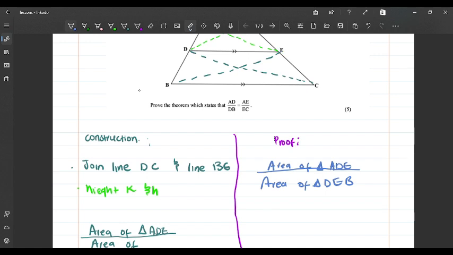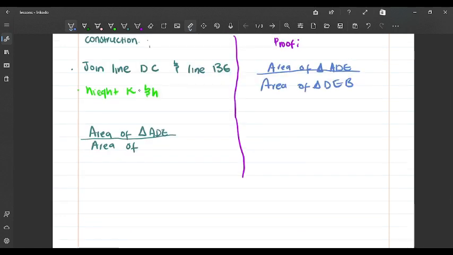Remember, before we divided by the area of DEB. Now we're going to divide by the area of triangle EDC. All right, that'll be your first step.